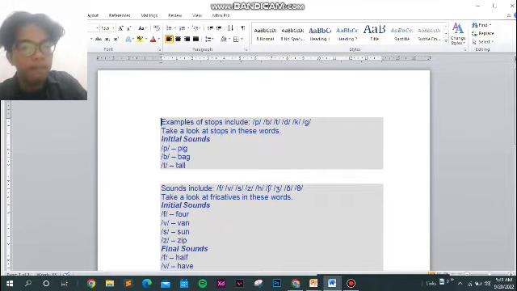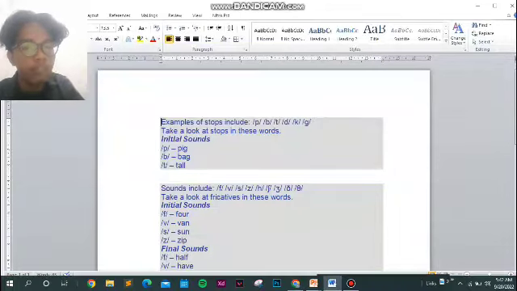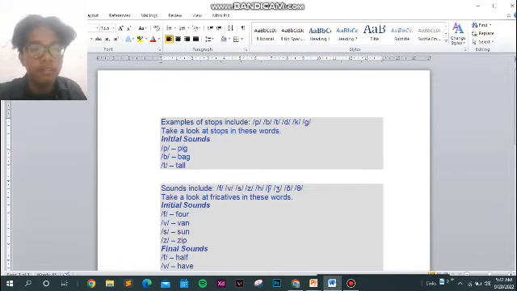Okay, next is fricative. Fricative is a technique where we stop some of the air in the mouth so it can get through. This is airflow. When there is a stream of air flowing, we partially block it with our tongue, teeth, or lips. The sounds include f, v, s, z, and the others.